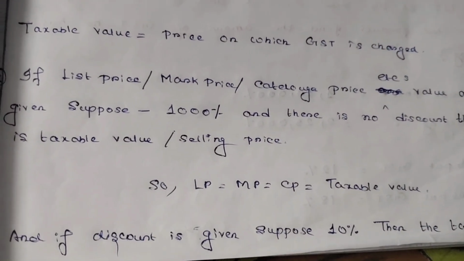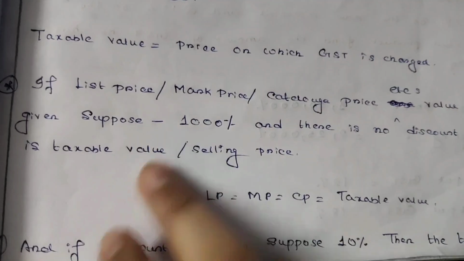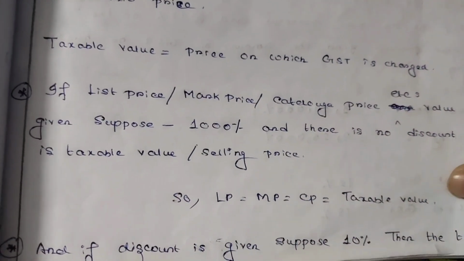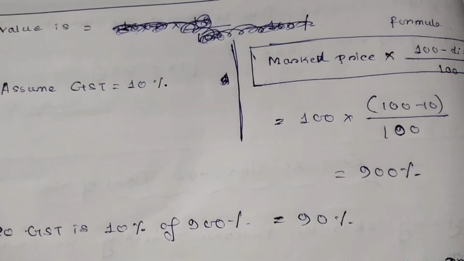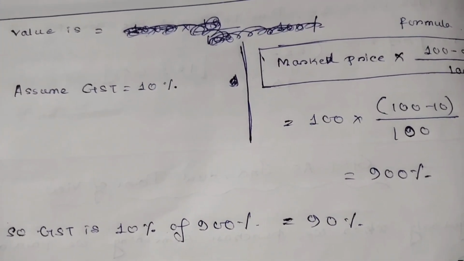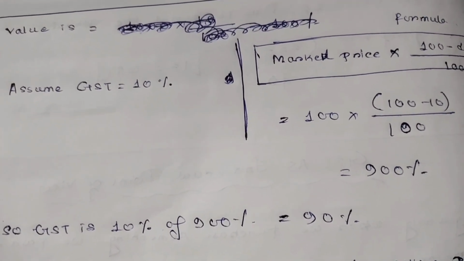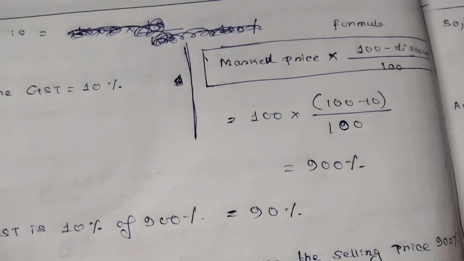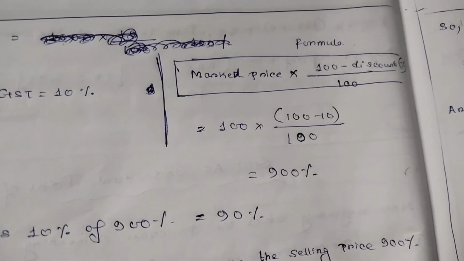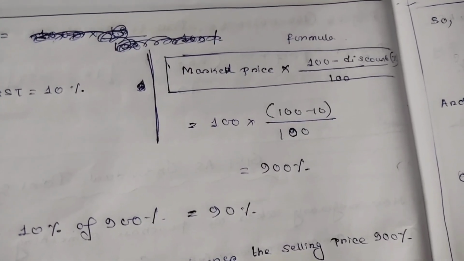And if a discount is given, suppose 10% discount on 1000 rupees, and on that there is 10% GST, then the formula will be mark price into 100 minus discount by 100.